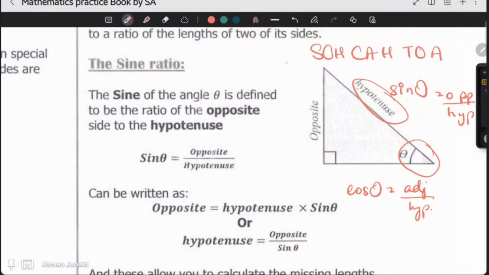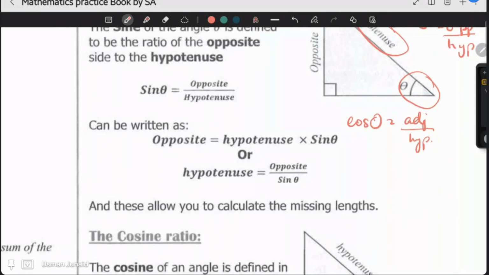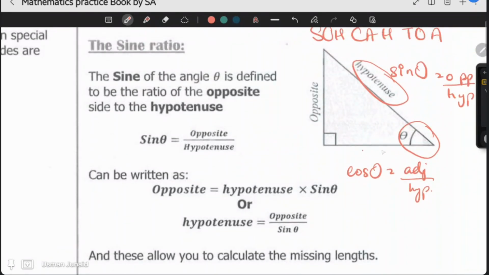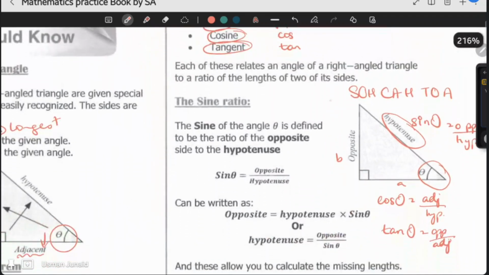And if you were to take these two lines, you wanted to find the ratio of these two lines, so let's say A and B, you would have tan theta is equal to opposite over adjacent. Make sense?